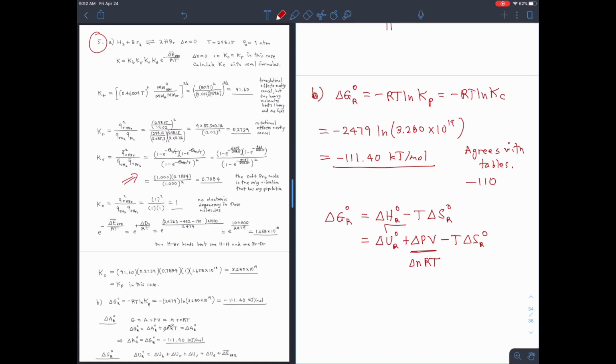And delta U minus T delta S is delta A, so this is delta A plus delta nRT. Delta nRT is 0 in this case, right, because delta n is 0, and so delta G is equal to delta A. And therefore delta A is equal to minus 111.4 kilojoules per mole, just like delta G.